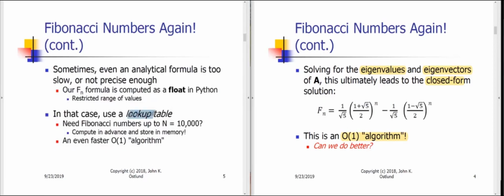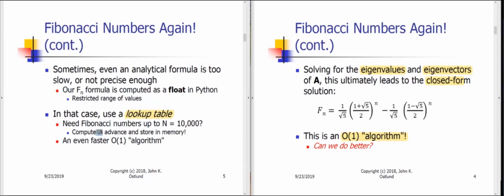Well, we could use what's called a lookup table. That is, if we need to compute Fibonacci numbers in some range of values over and over and over again as a routine part of some other algorithm that we're writing, then to save as much time as possible, we don't even want to have to perform this calculation for F sub n.